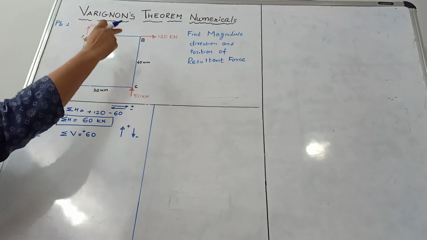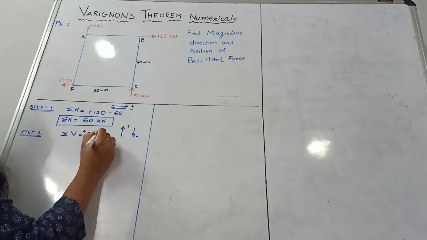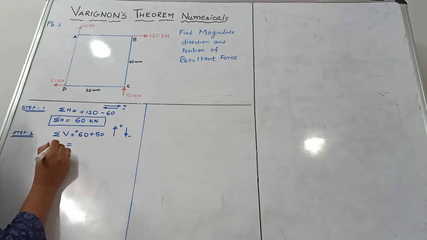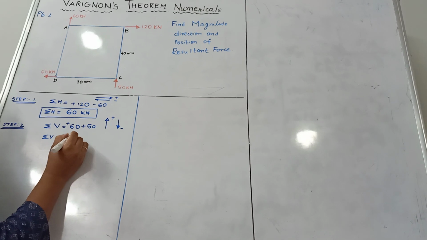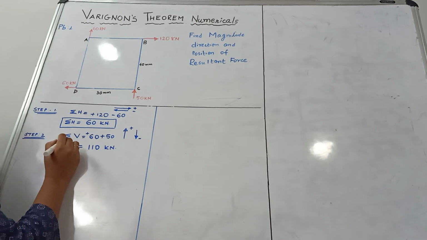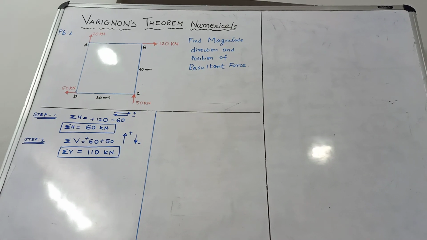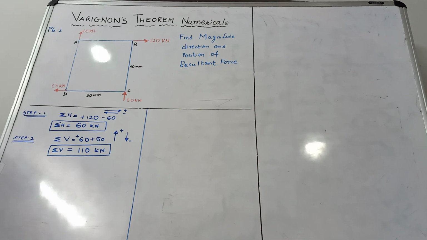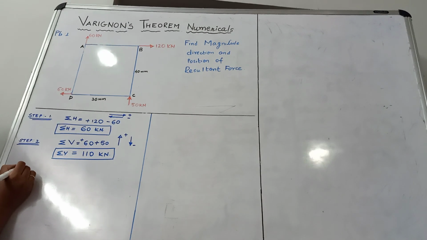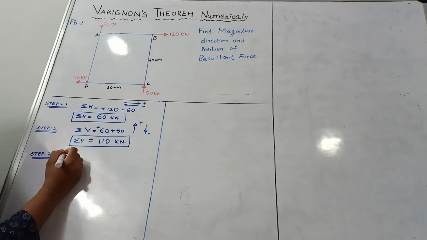Another vertical force is at point C, which is positive as it is also upward. So we get sigma V equal to 110 kilonewtons. We have found the values of sigma H and sigma V, and both are positive.